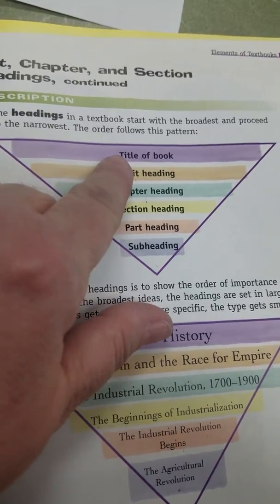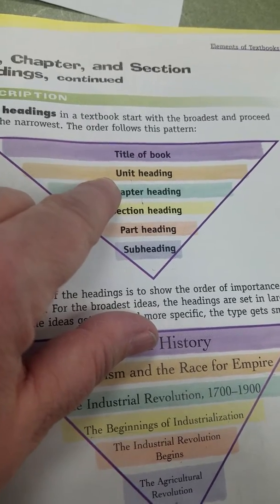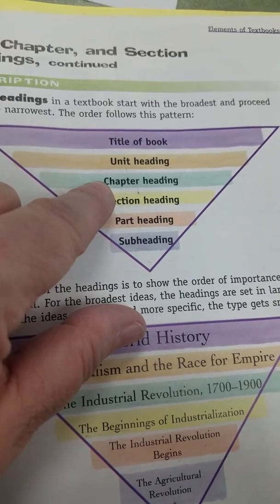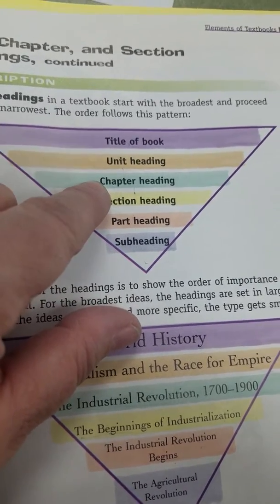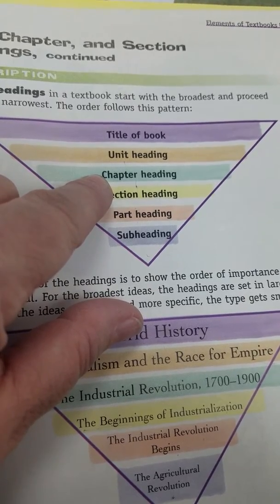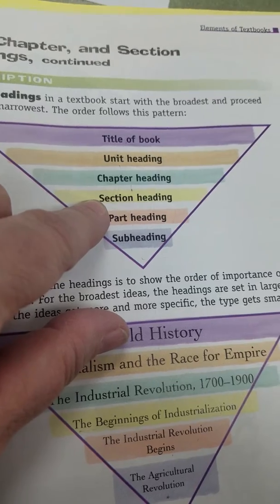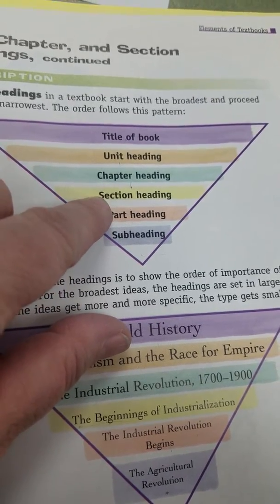So the title of my book is Biology, okay? One of the units in my book is cells. A chapter heading might be how cells multiply. Then the section heading might be mitosis, and another one might be meiosis.